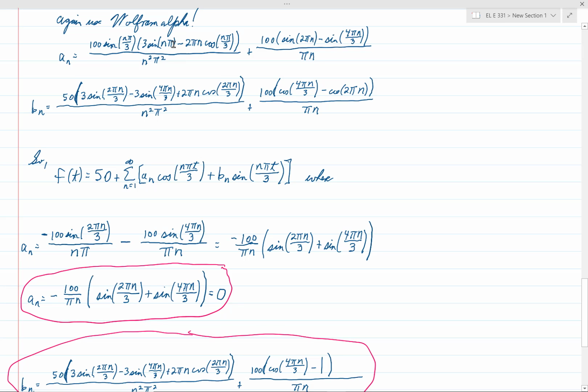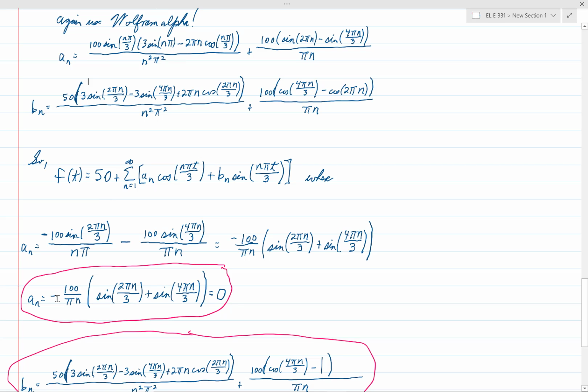And then the minus sign, I'll pull that out front. Now the pi n, remember, if this term is gone, then this pi n can cancel with the pi and n down here, and so that's why I have, instead of n squared pi squared down here, I have pi n.